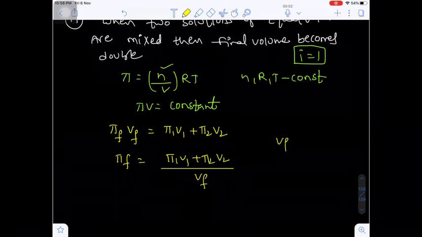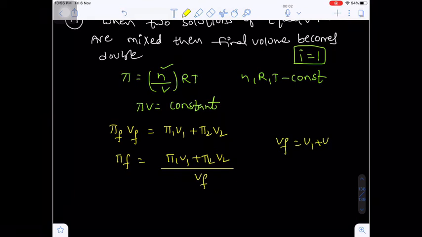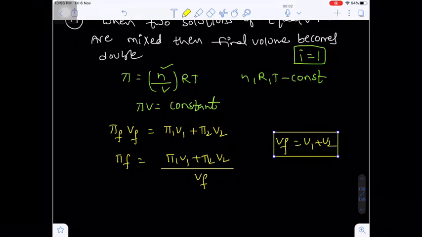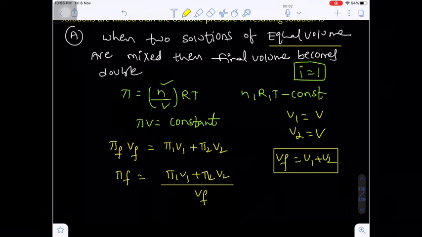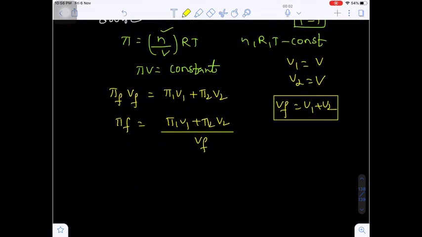What is the final volume here? Final volume is nothing but V1 plus V2. And one more important thing, what is the V1 value? Let's suppose V. V2 value is also V, because both the solutions have equal volume. That's why both volumes V1, V2 will be equal to V. So final volume V plus V becomes 2V.